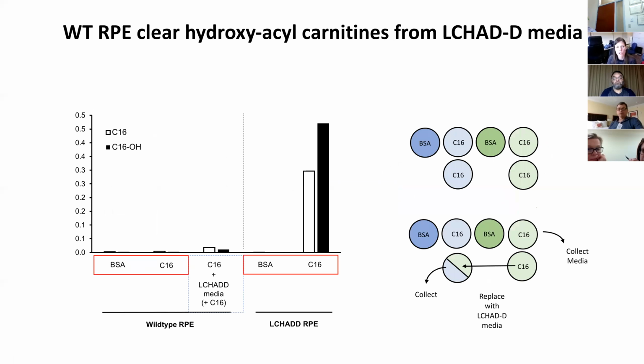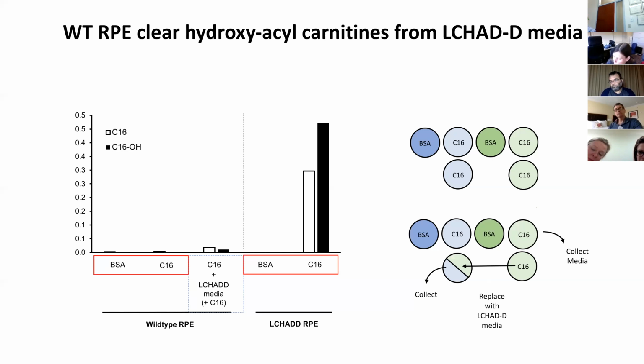So I just wanted to share one last experiment. Dr. Gillingham mentioned earlier that one intriguing hypothesis about the pathogenicity of G1528C in RPE is that the metabolic intermediates generated during beta oxidation may have a toxic effect on surrounding cells. In light of this, one question we're interested in is whether wild type cells can clear the long chain hydroxyacyl carnitines produced from LCHAD deficient cells.